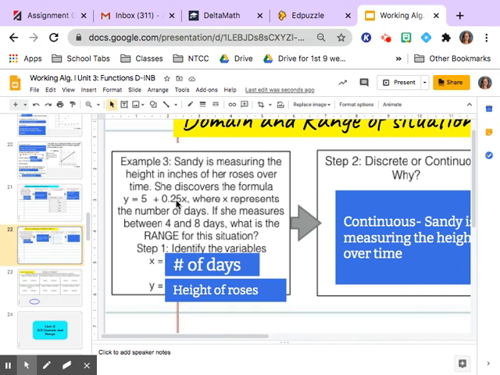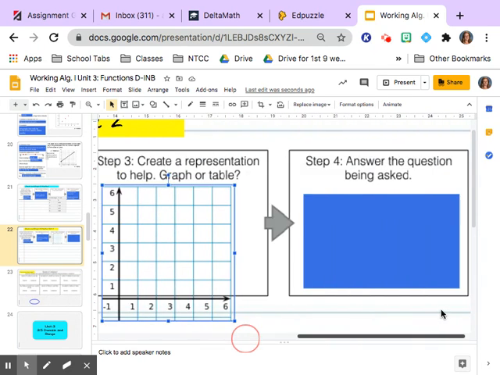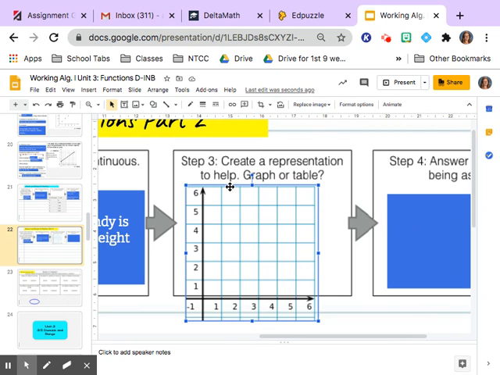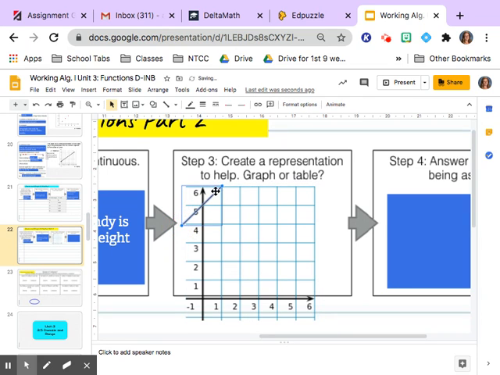So if we do 5 plus 0.25 times 4, we actually get 5 plus 1, which is 6, so that'd be right here. No, it's going to go through 5. There we go.